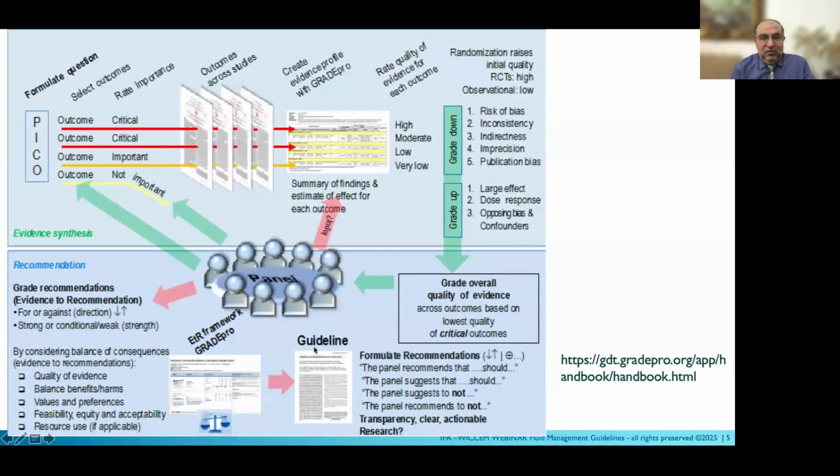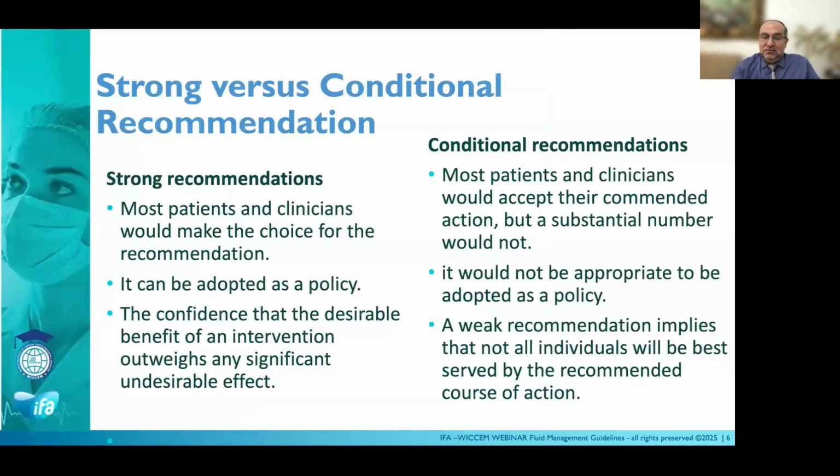And one of the important things is that the guidelines take into consideration not only the evidence, but also other contextual issues such as patient values, preferences, cost, equity. And I think this will be very evident in these guidelines.